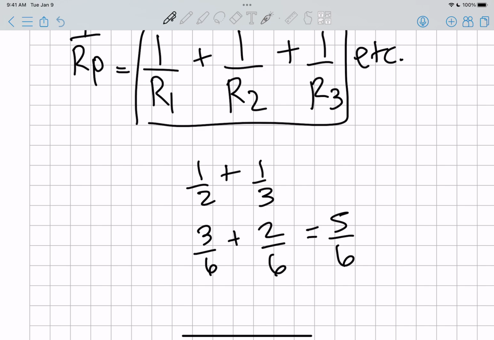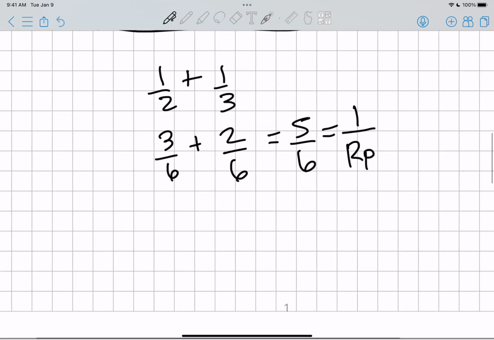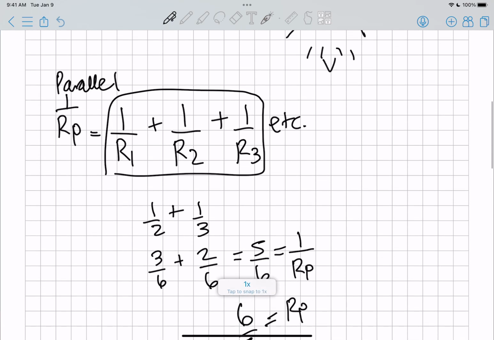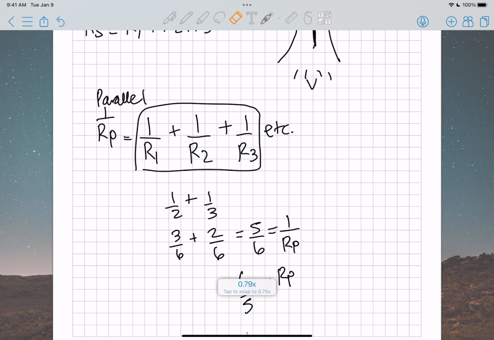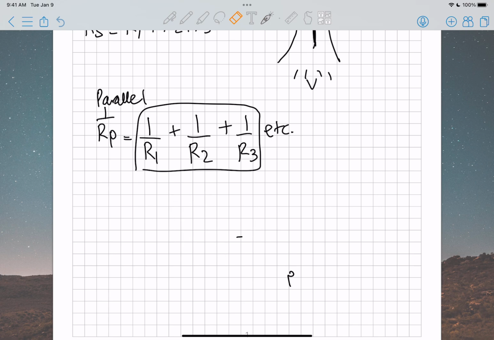And so 5/6 is equal to 1 over the equivalent parallel resistance. So you just have to flip it. You just make it 6/5. And that's your RP, right? That's it. So that's how to look at parallel and series resistors and how to simplify them.